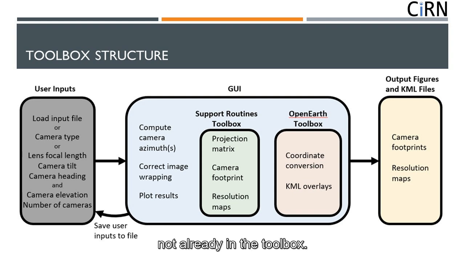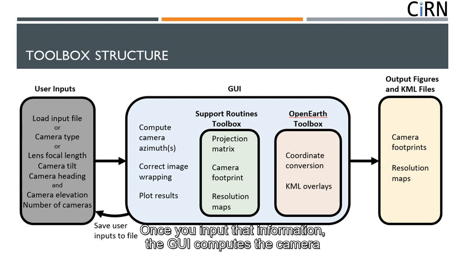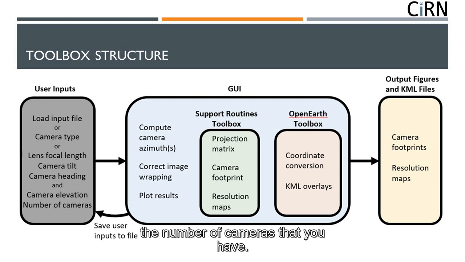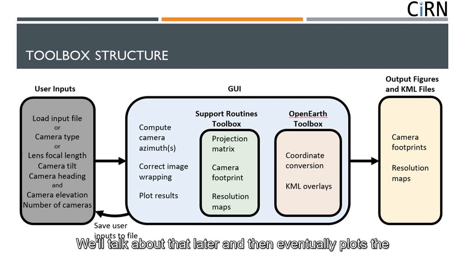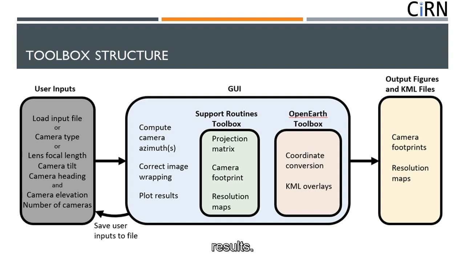Say you have a camera that's not already in the toolbox. Once you input that information, the GUI computes the camera azimuths based on the field of view that you're looking for and the number of cameras that you have. It takes care of some image warping issues. I'll talk about that later. And then eventually plots the results.